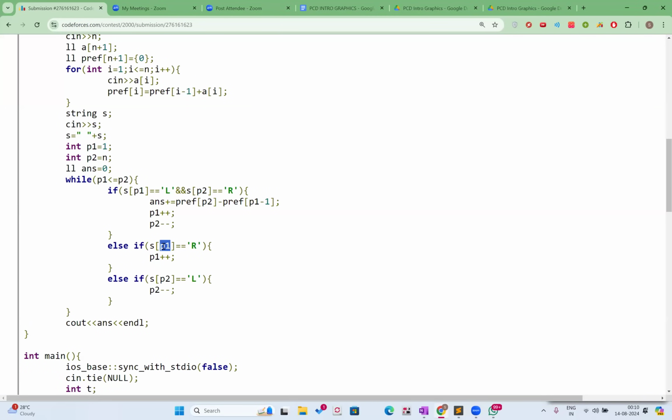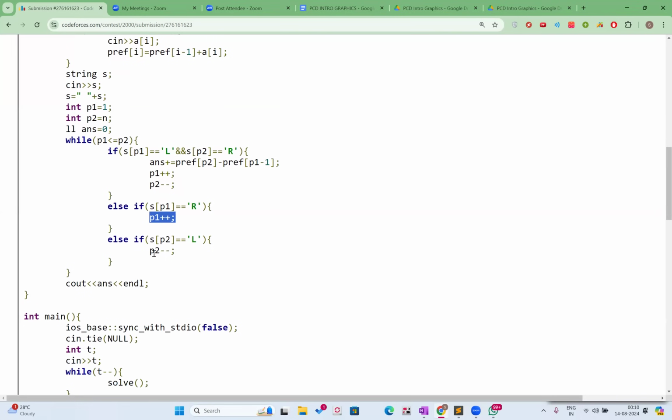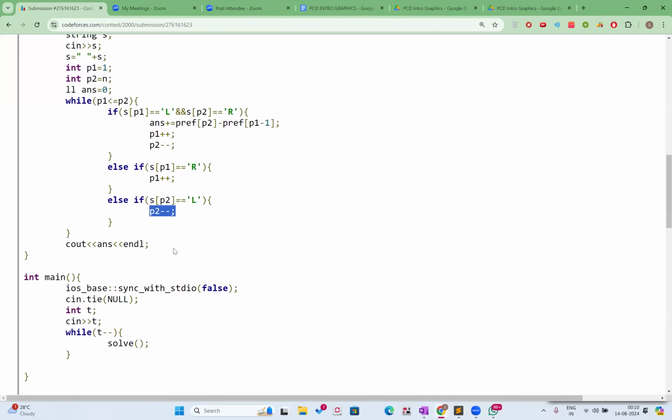We want the lower pointer to mark to an L, so we'll just increment the lower pointer and try to find an L. And if the higher pointer marks to an L, that is also not desirable, and we'll just decrement the higher one. So did you get what we are doing? Or if you have any doubt, you can ask me.